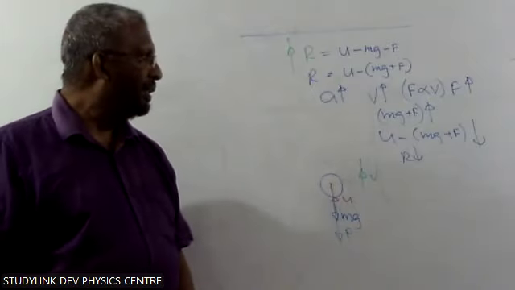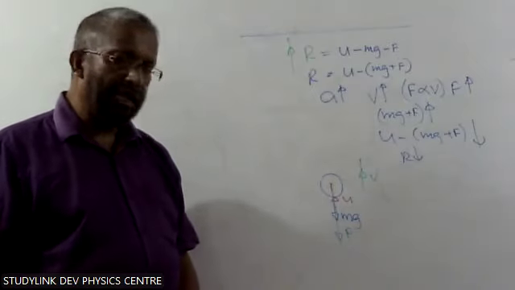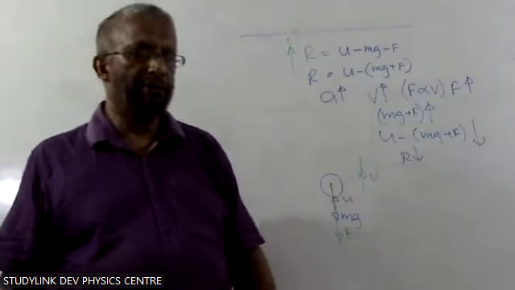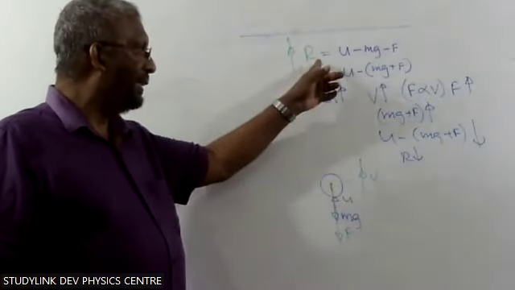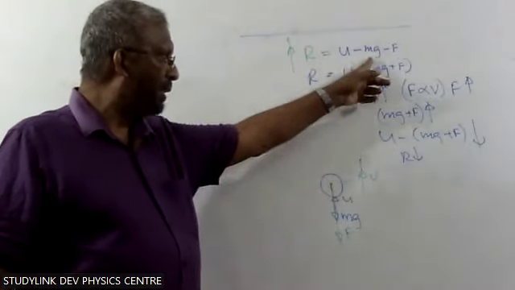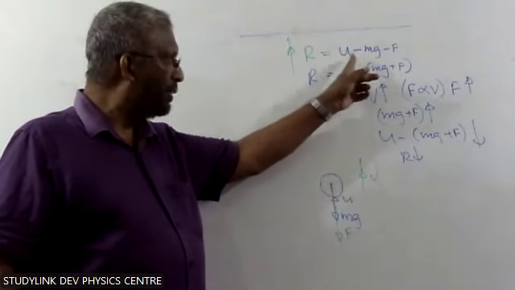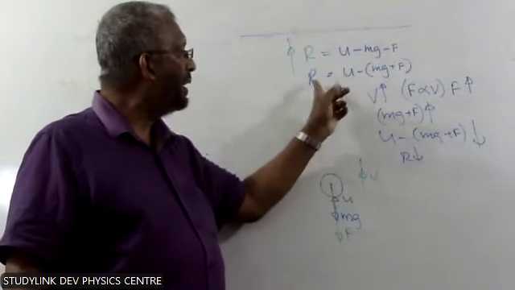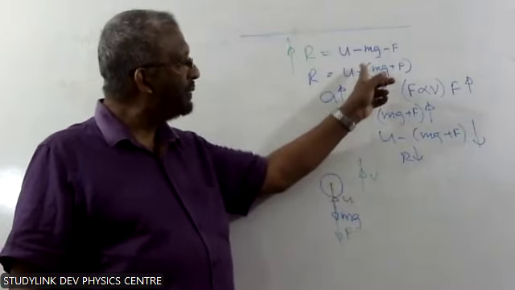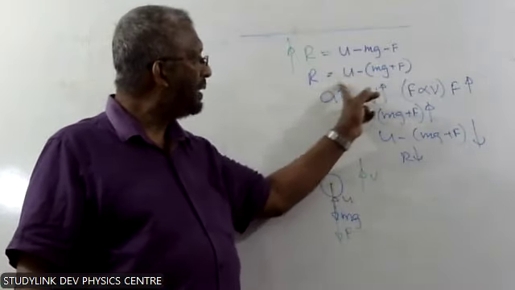Now, there is a resultant force. Write this step: R is equal to U minus mg minus F. R is equal to U minus, within brackets, mg plus F.